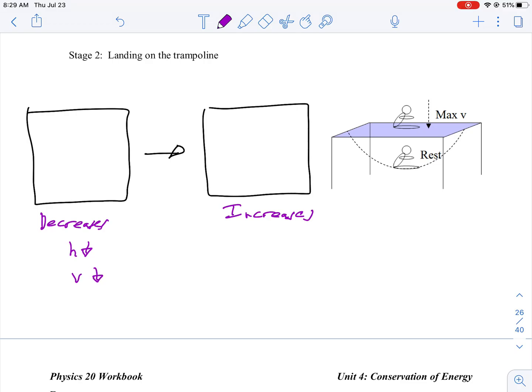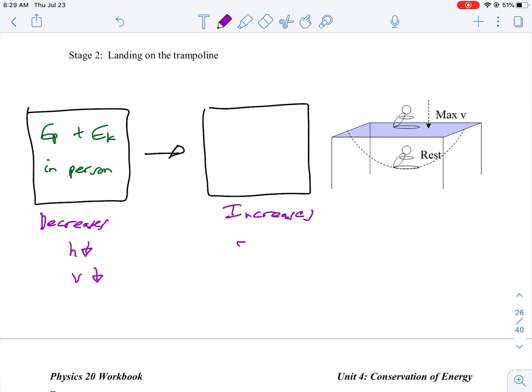That means at the beginning here, there's both potential energy and kinetic energy. And both of these are in the person. But where do these energies go? Because they're decreasing. Energy cannot be created or destroyed. Well, the increase, logically, is like stretching that trampoline.